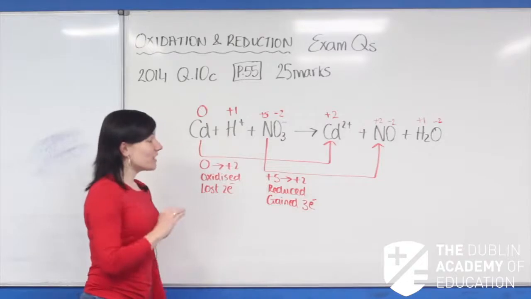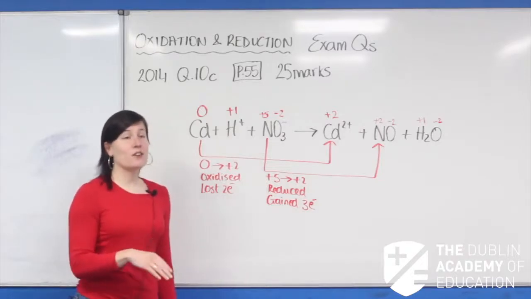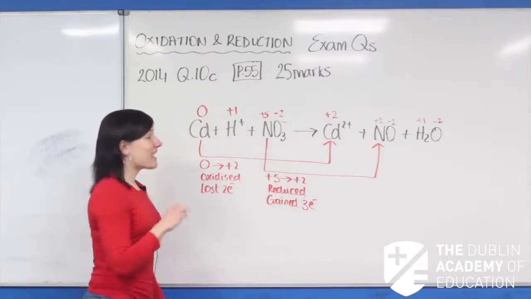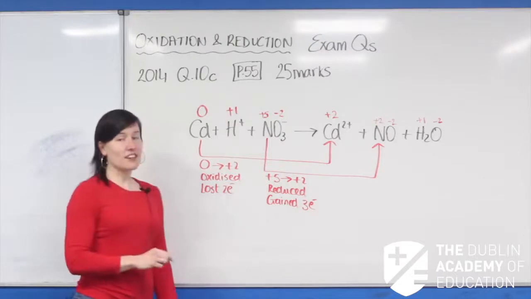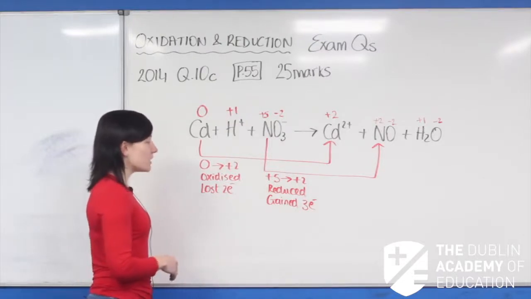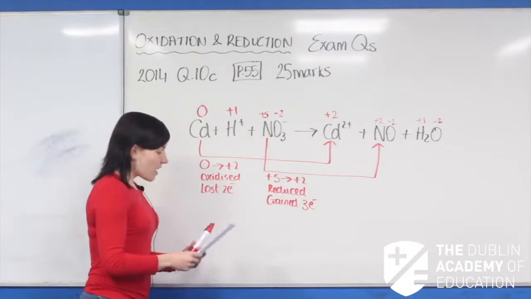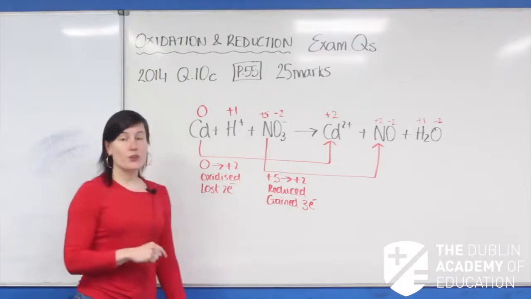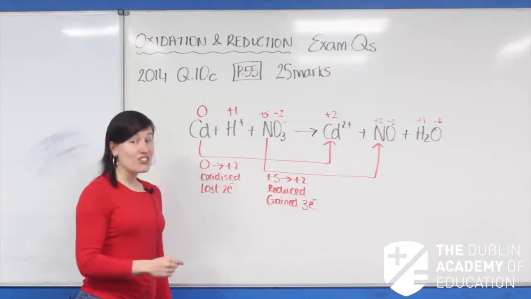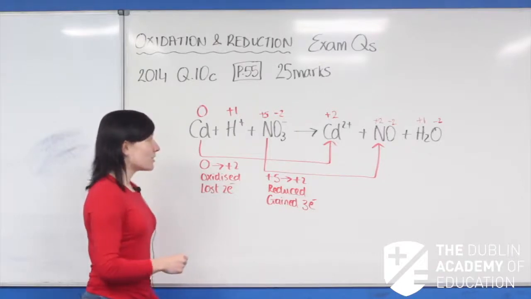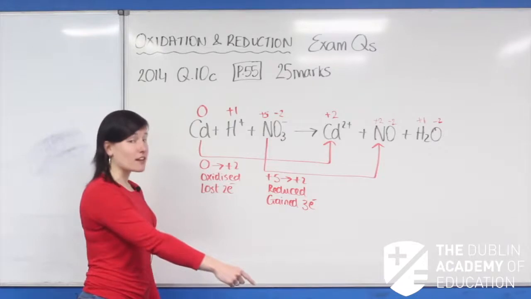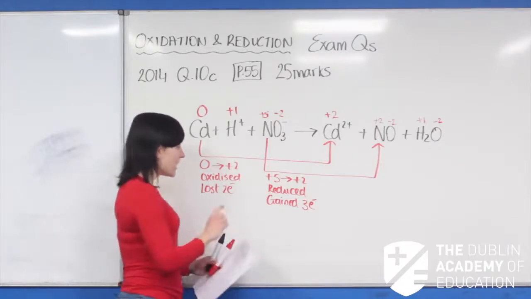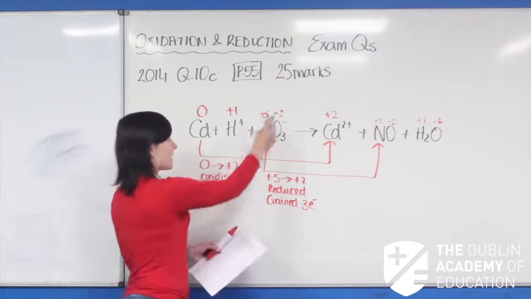Now, the question doesn't actually ask us to identify what's been oxidized and reduced. It's asking us to identify the oxidizing agent and the reducing agent. So, the oxidizing agent is the thing that is reduced during the reaction. Okay, the reagent that's reduced during the reaction. It's allowing something else to be oxidized. So, the oxidizing agent is this guy here.